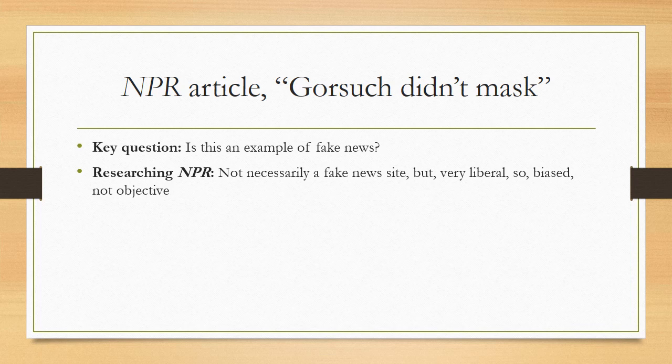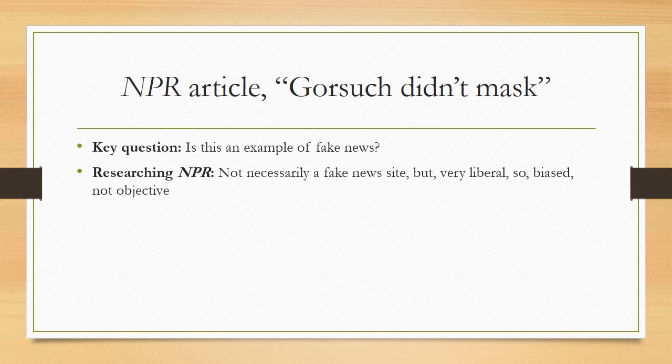I did a little bit of research on NPR. If you go to the Wikipedia page, it actually says they've been known for both liberal biases and conservative biases at different points over the years, even though they're supposed to be, or claim to be, a very objective news institution. From my personal experience interacting with NPR, I think they have more of a liberal bias, especially recently, and this article has an incredible liberal bias.